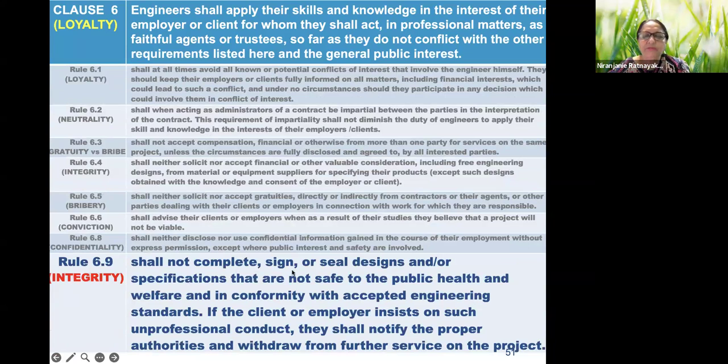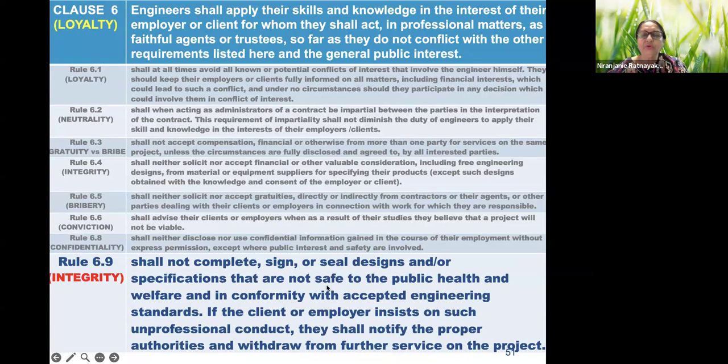6.9 shall not complete, sign, or seal designs and or specifications that are not safe to the public health, welfare, and in conformity with accepted engineering standards. If the client or employer insists on such unprofessional conduct, they shall notify the proper authorities and withdraw from further service on the project. Again, see our commitment to the public interest, public welfare, public safety, public health takes priority, right?